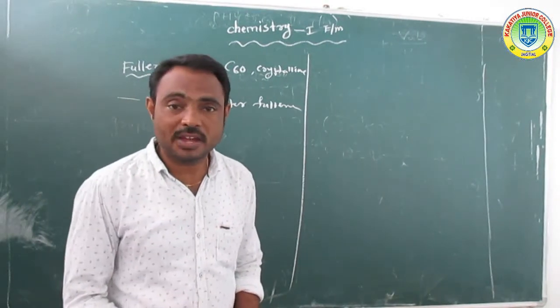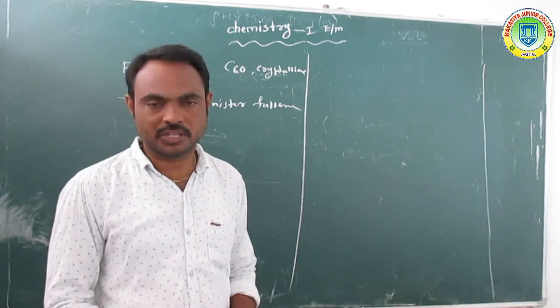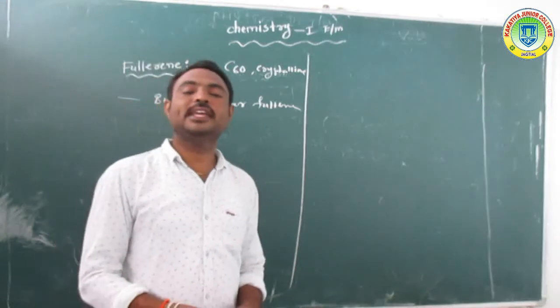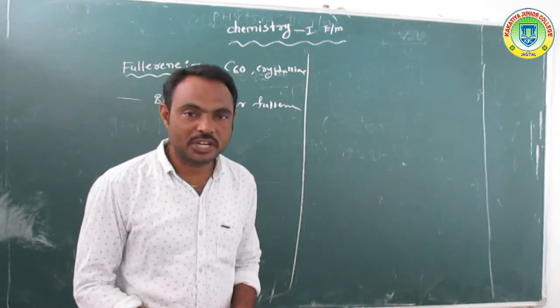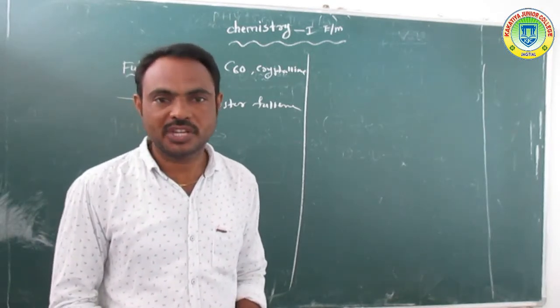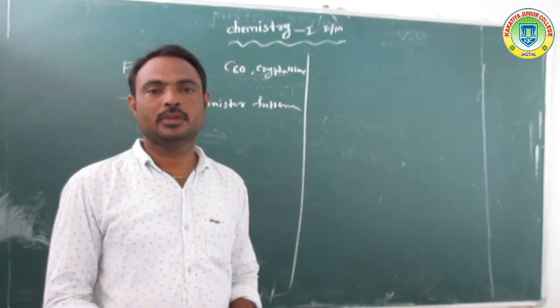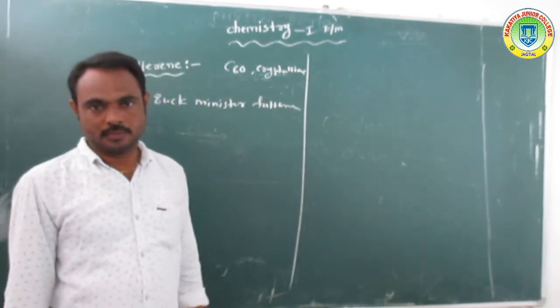What is the structure of diamond? Three-dimensional structure. And graphite is sp2 hybridization. What is the structure of graphite? Two-dimensional structure. Okay. So today's class is fullerene.